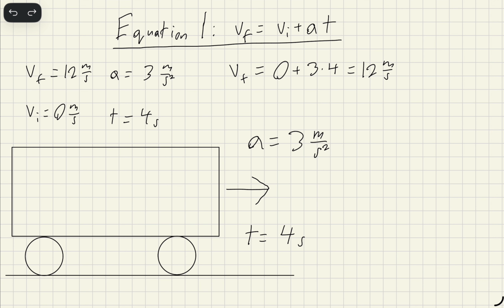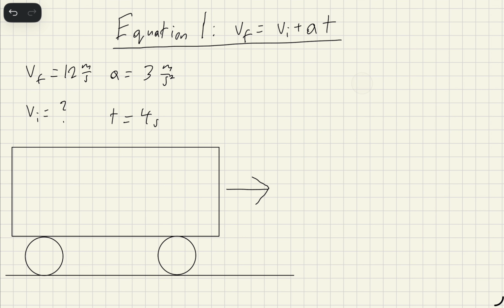There's one other important thing I want to point out here. Let's give ourselves some space to calculate. And let's say that in this example, we actually don't know the initial velocity. It's an unknown. But we do know the final velocity, the acceleration, and the time. We can rearrange our equation to solve for the initial velocity with some simple algebra.